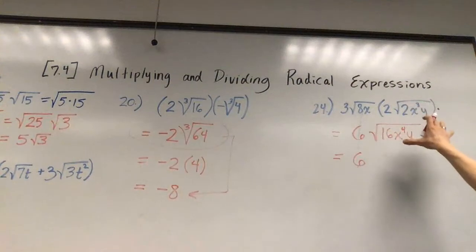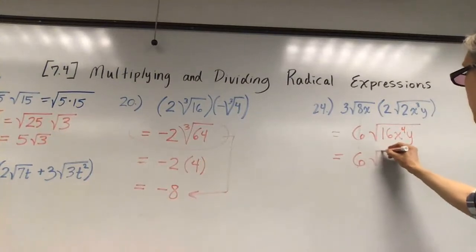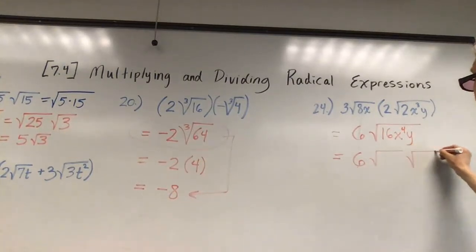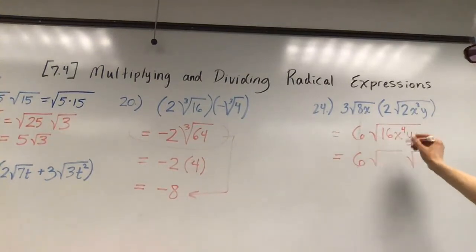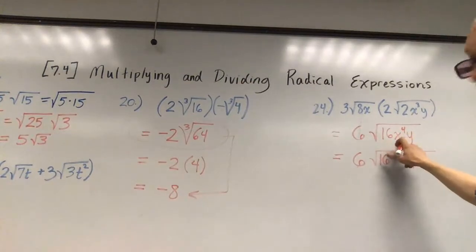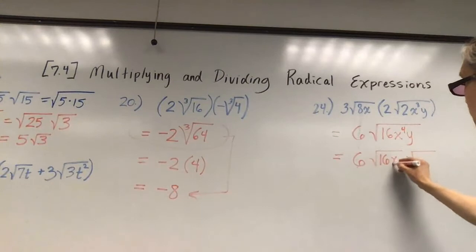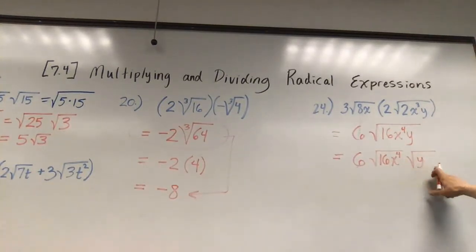Once you combine the radicals, then you can start splitting up the radicals. Sixteen is already a perfect square. x to the 4th is already a perfect square. y is the only part of the expression that ends up over here.